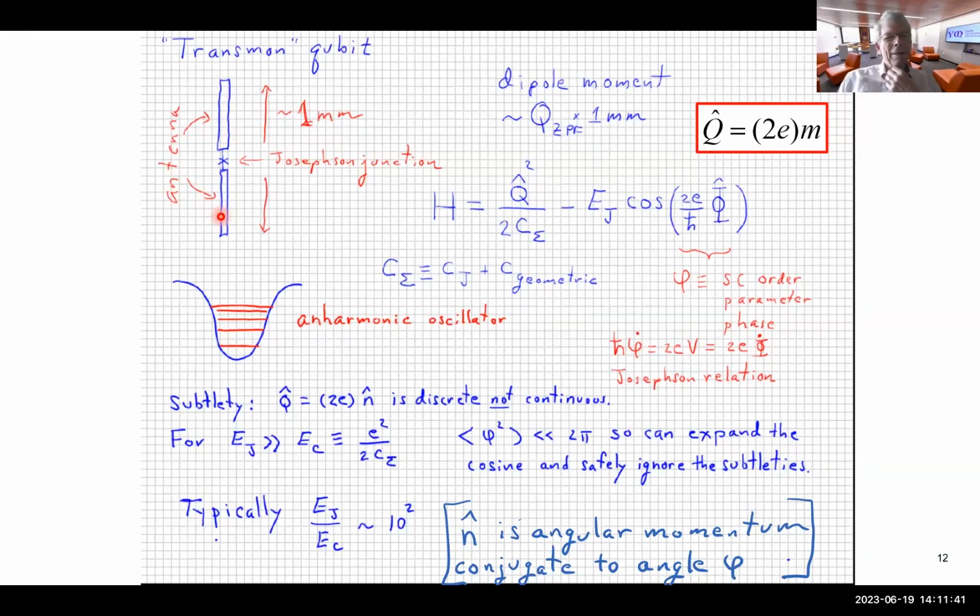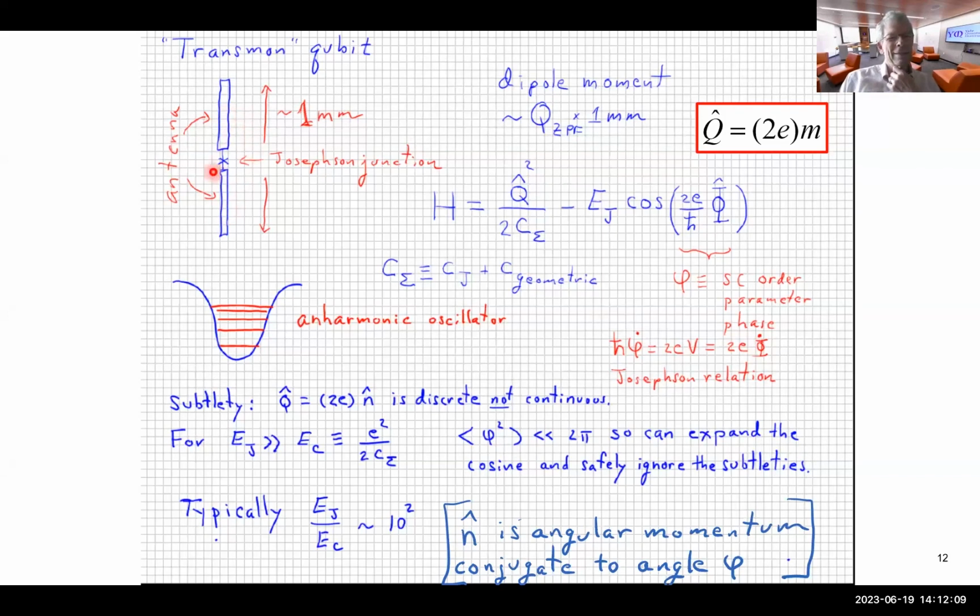Well, if this were just a wire here with some inductance, this would be an LC oscillator, right? Charges would slosh back and forth like this. And it's a harmonic oscillator. The energy would be proportional to the charge squared, the Coulomb energy, and the kinetic energy proportional to the current squared.